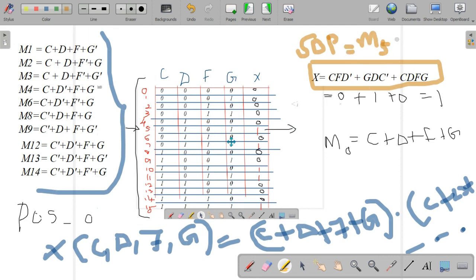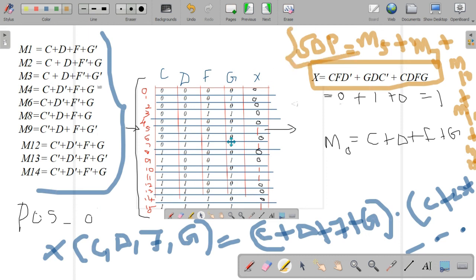Okay, so which are the values for SOP? Small m5 plus m7 plus m10 plus m11, then the last one m15.